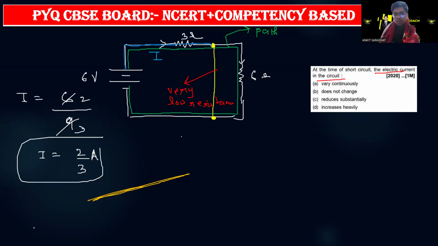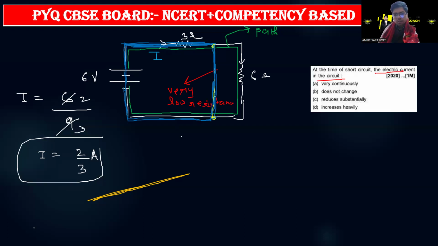So rather than going straight, it is going like this. Again I'm drawing it like this. Now this is the path. No current will flow through the 6 ohm.